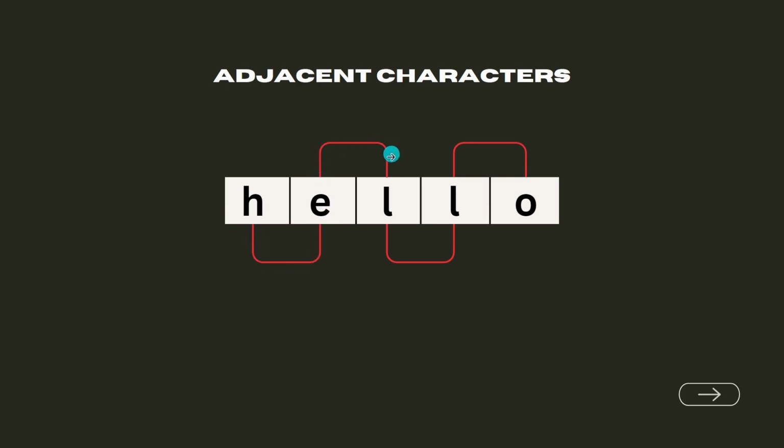Similarly, E and L are adjacent to each other, L and L are adjacent to each other, and L and O are adjacent to each other. Okay, so now that we know what adjacent characters are, let's move ahead towards the approach that we will be using in solving this particular problem.